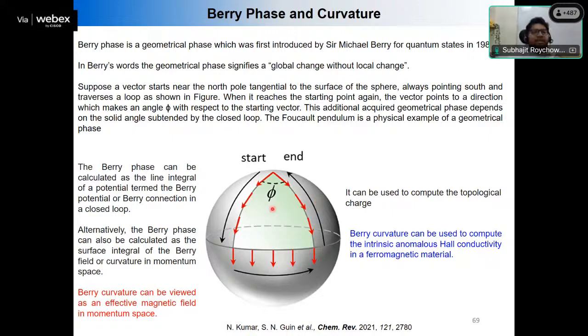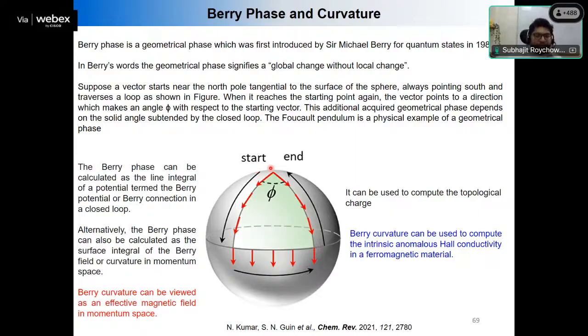Now, how to understand Berry phase? Let's talk about this circle. This is the North Pole. This is my South Pole. Now I start from here. Now I have one arrow, so it is always pointing towards south, north to south. So we start moving the spin or direction without changing the direction.